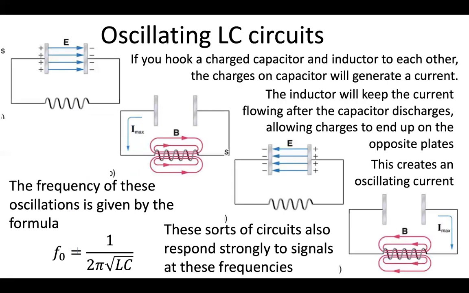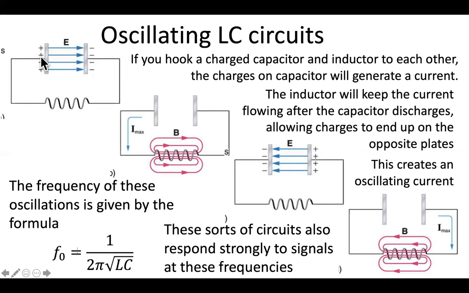Now, the last thing I want to mention briefly is what happens if you wire up both a capacitor and an inductor in a single circuit. What's neat here is this circuit actually will tend to oscillate on its own. Imagine we hooked this up and had some amount of positive charge on one side of the capacitor and negative charges on the other.